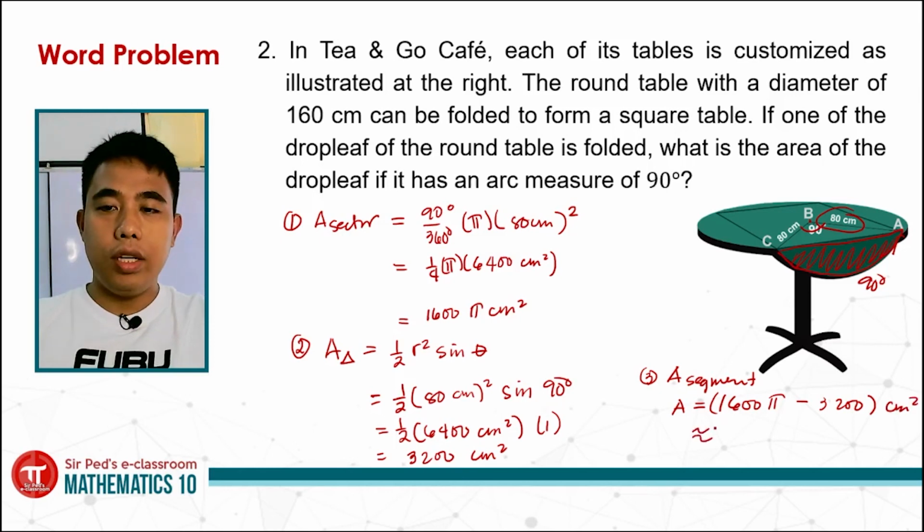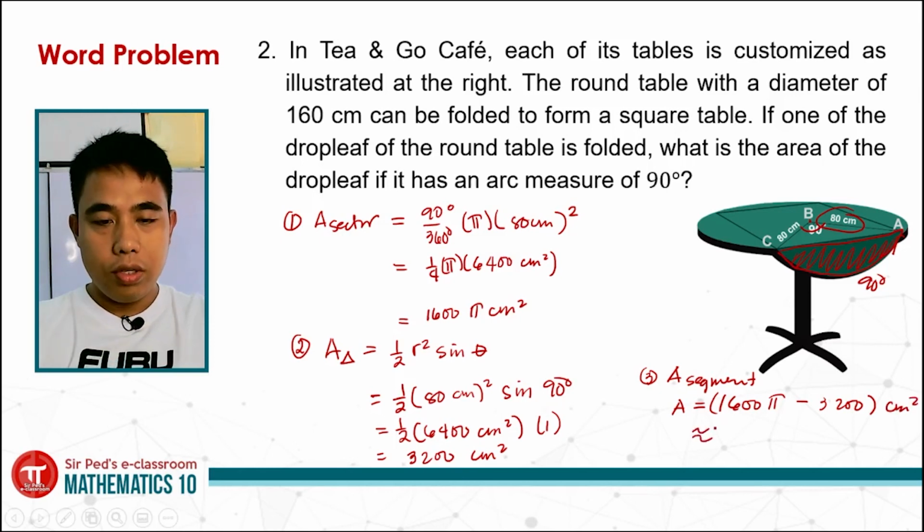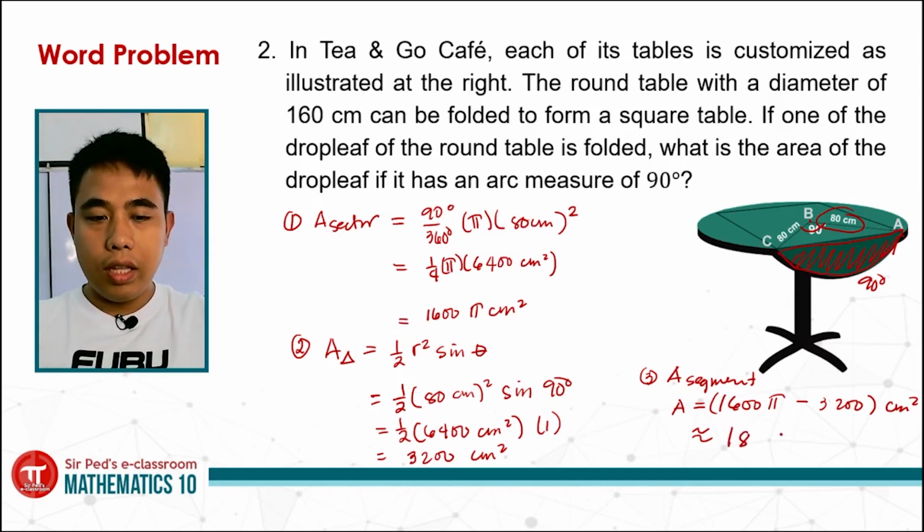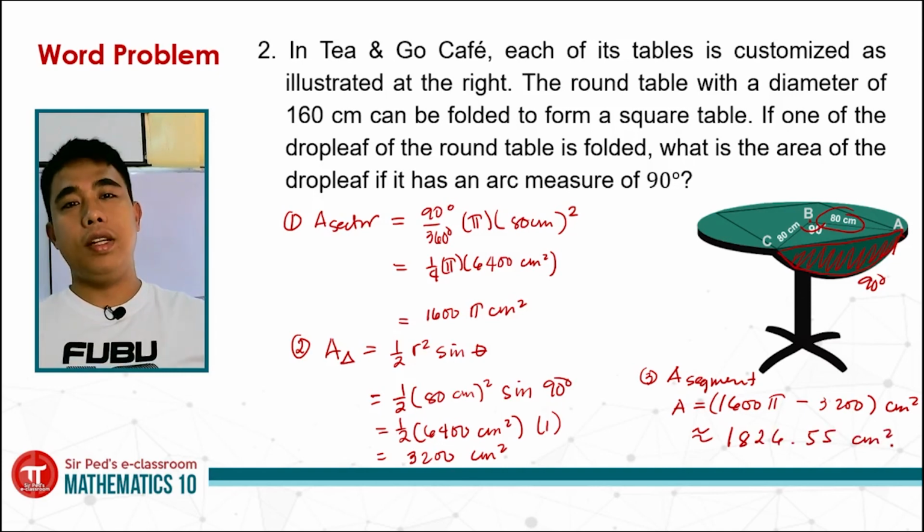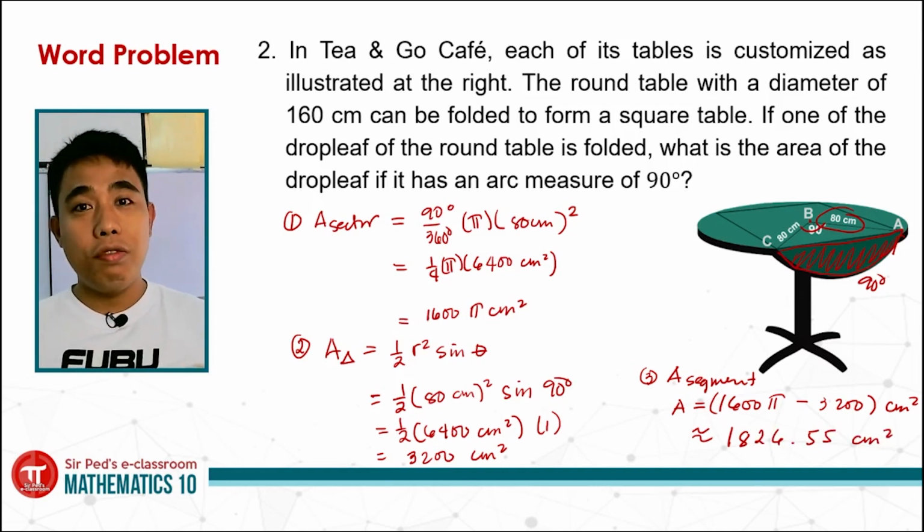Or that is approximately equal to, compute natin, and then round off to 2 decimal places. The answer is 1,826.55 square centimeters. So that is how we find the area of that draft leaf.